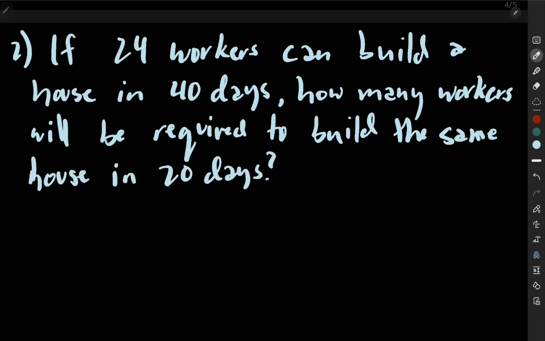So if 24 workers can build a house in 40 days, how many workers will be required to build the same house in 20 days?